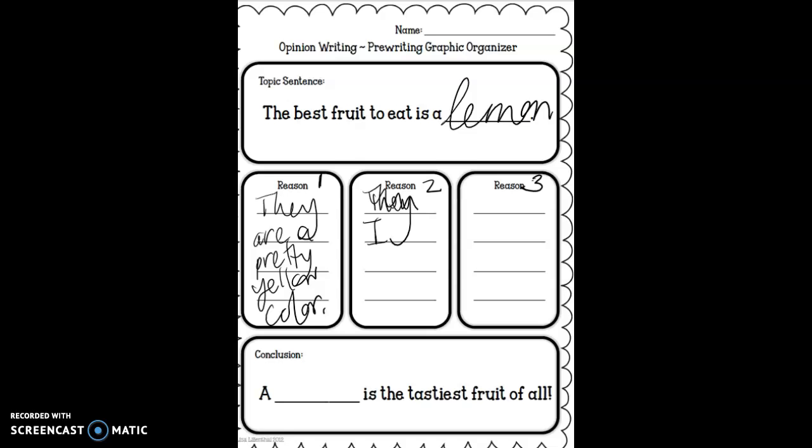I could say I like the yellow. I meant the sour taste. I like the sour taste.